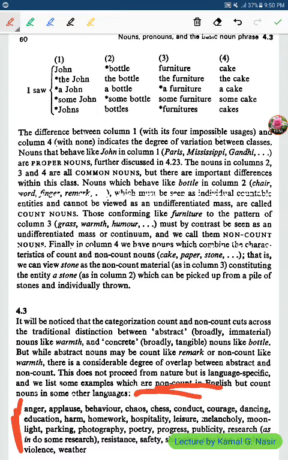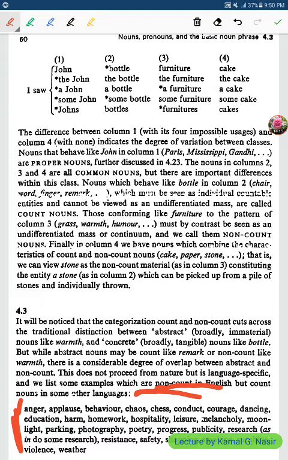You see? We cannot say angers. We cannot say applauses. We cannot say behaviors. Chaos, chess, conduct, carriage, dancing. We cannot pluralize all these nouns. Clear? Good.